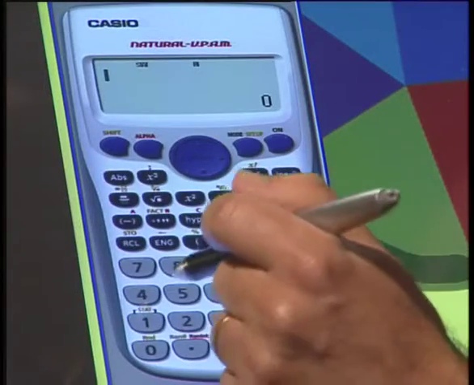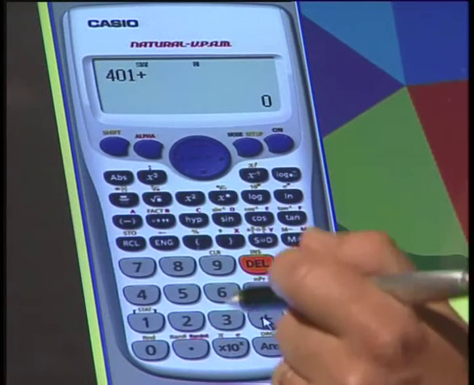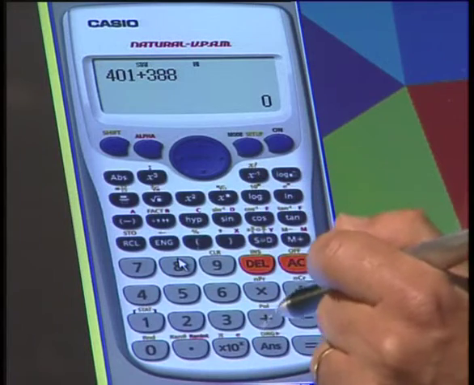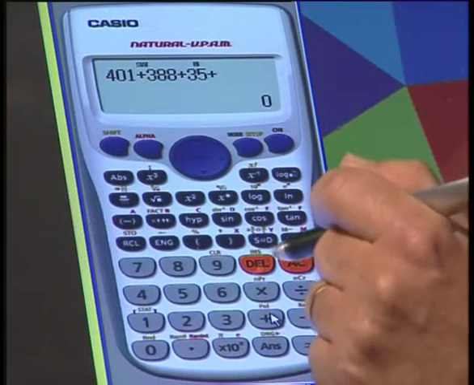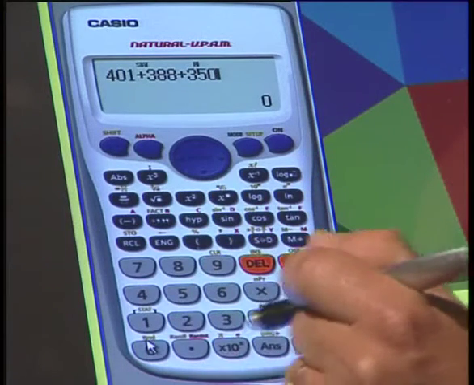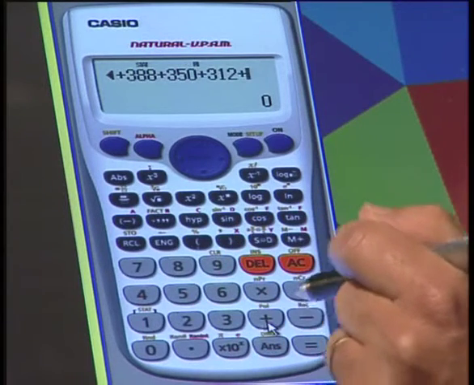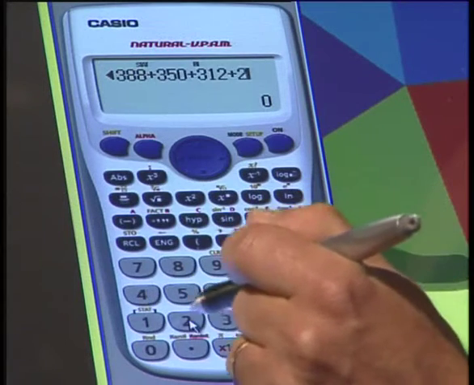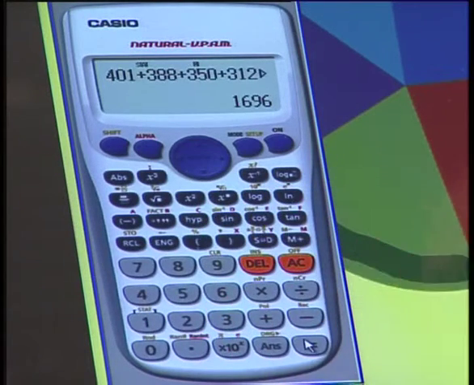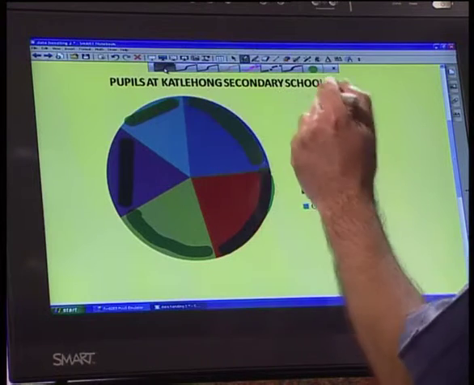To get our total, we'll need to add up all the pupils. 401 plus 388 plus 350 plus 312, and lastly 245. That gives us a total of 1,696 students. Let's fill that in over here.